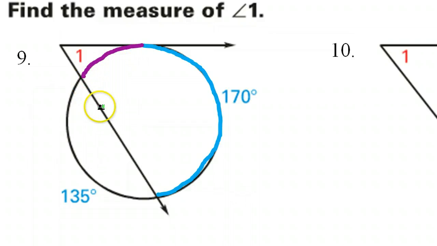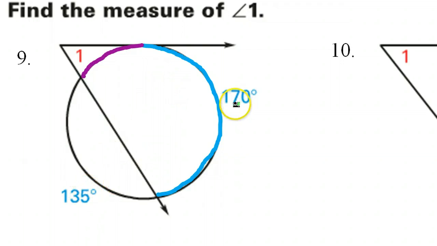How could I get it? Well, if I realize that I have the whole rest of the circle, the big arc and this other arc over here make the rest of the entire circle. So if I want the missing piece, all I have to do is subtract from 360. So let's see.